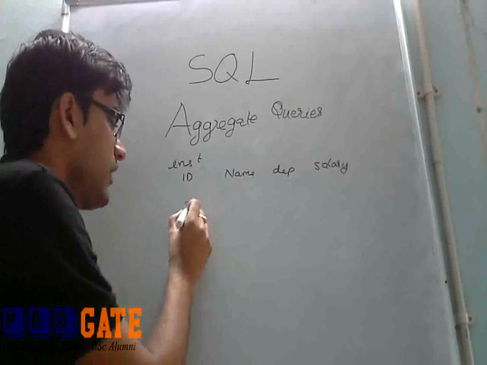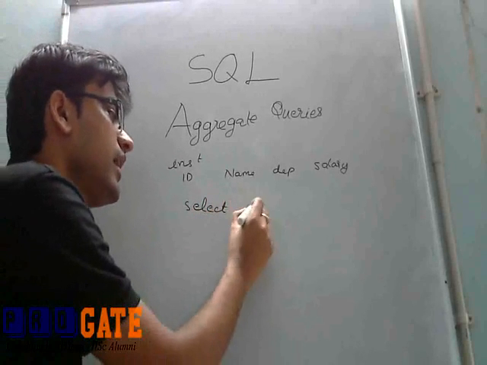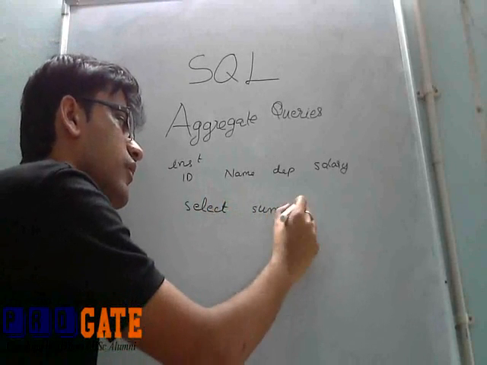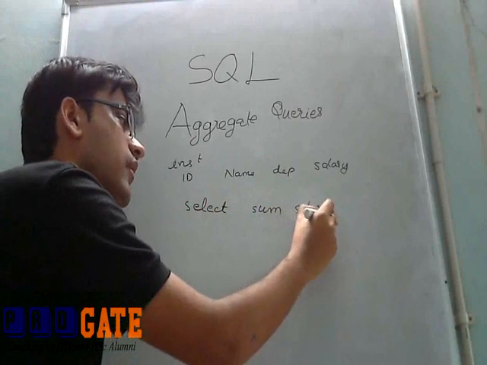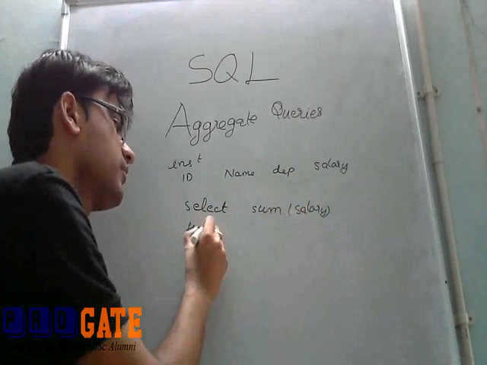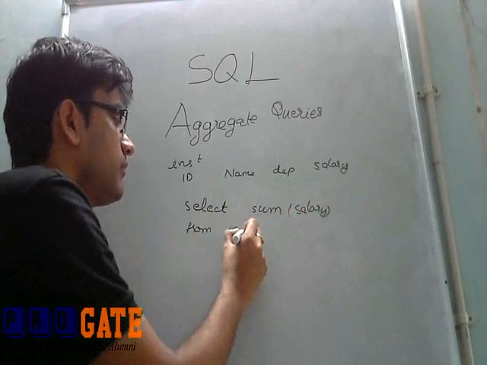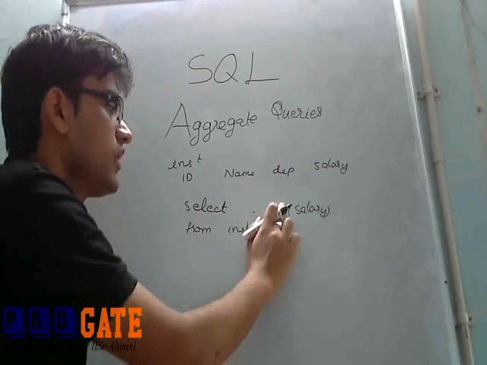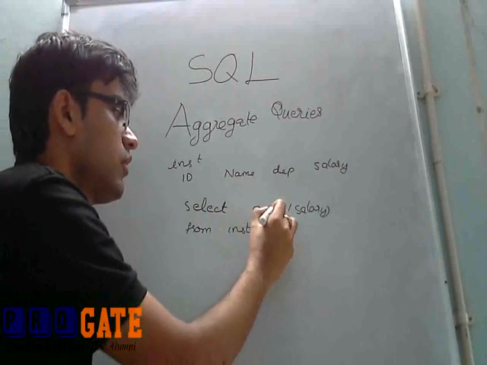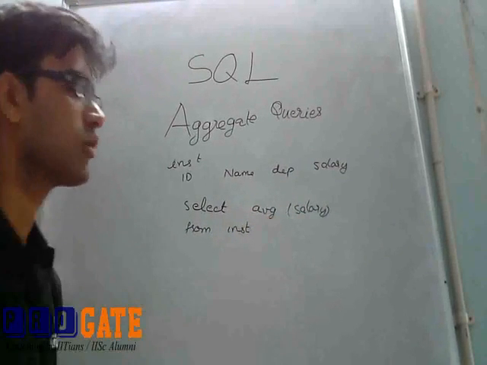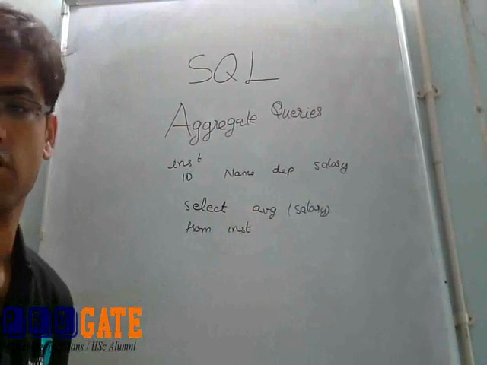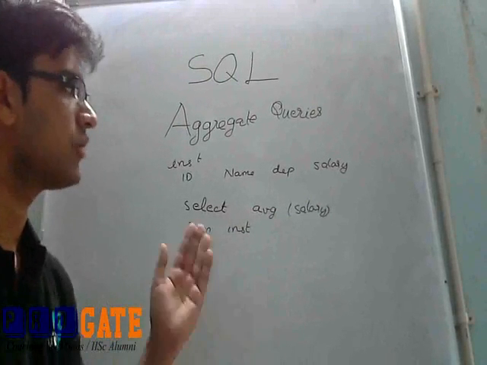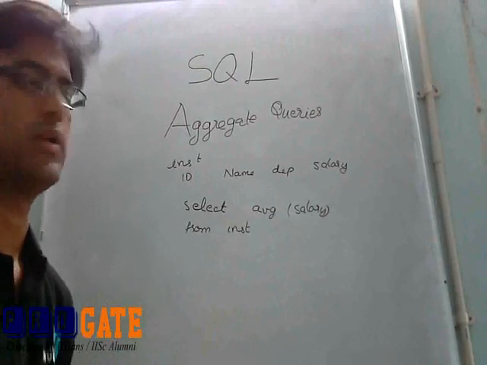So the way to do it is to use our select sum clause, sum on all the salaries from instructor. If we wanted the average of all the salaries, we could simply have used AVG of salary. So these are called group operations, the average or the sum operation, because they operate on the entire set of rows in this table.